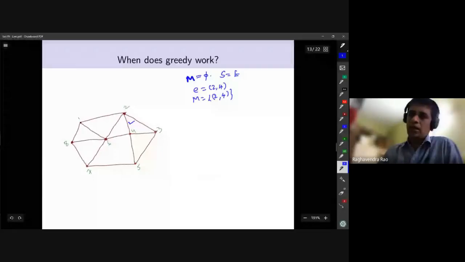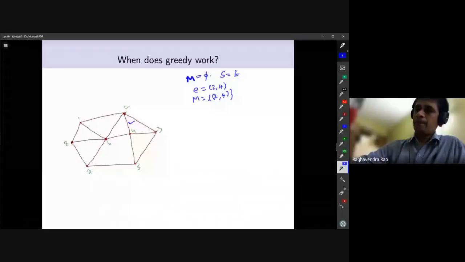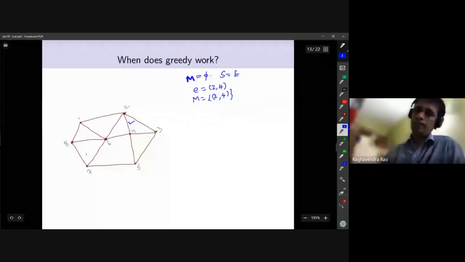What are the edges that should be removed? All edges that are incident on 2 as well as 4. That is, I remove. So let's mark it as red. Remove, remove, remove, remove, remove, remove.